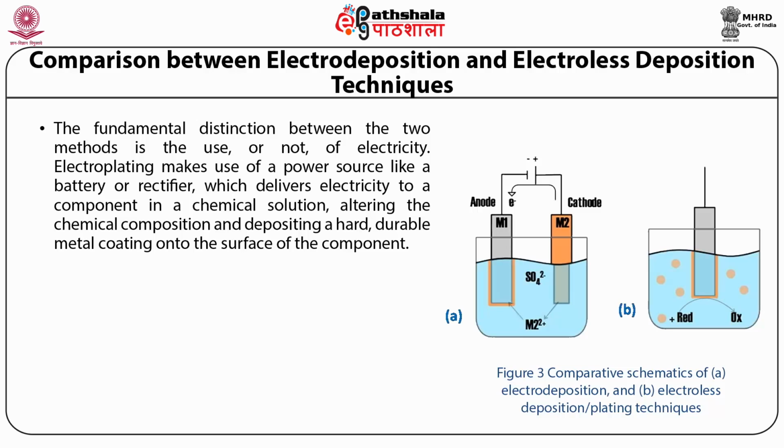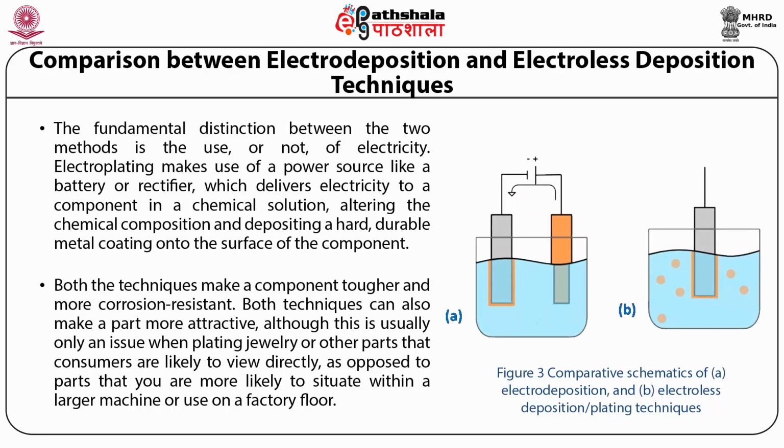Electroplating makes use of a power source like a battery or rectifier, which delivers electricity to a component in a chemical solution, altering the chemical composition and depositing a hard durable metal coating onto the surface of the component.